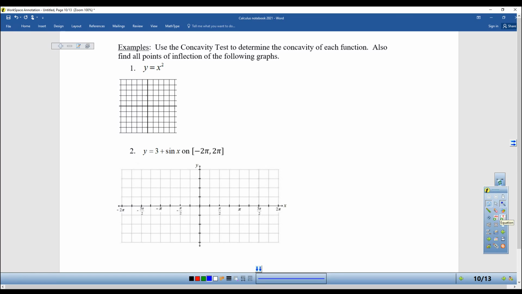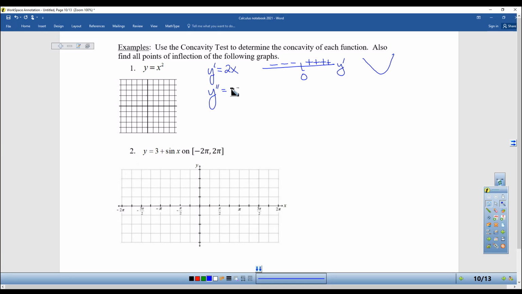All right, use the concavity test to determine the concavity of each function. Even if you didn't graph it, y prime is equal to 2x. Using our first derivative test, it's equal to 0 at 0. If you put in a number bigger than 0, it's positive, and if you put in a number less than 0, it's negative. So now I know this graph is falling and then rising, so I already can see that it's concave up.